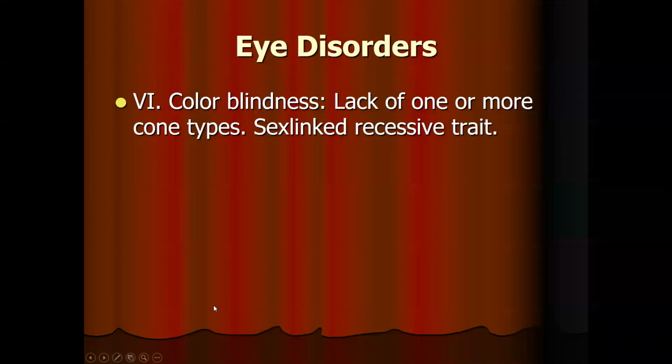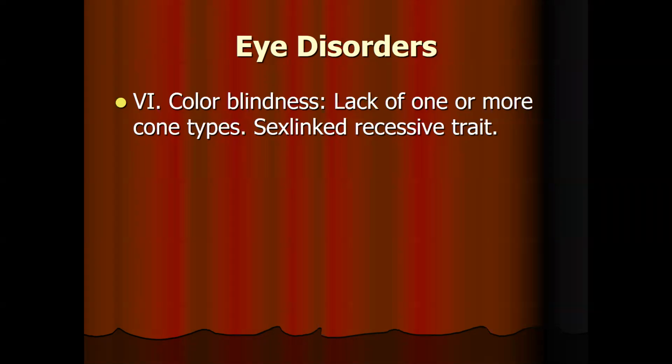All right, what is color blindness? Color blindness is a sex-linked recessive trait, which means it's found on the X chromosome. If you're a male, then you only have one gene because you only have one X chromosome.